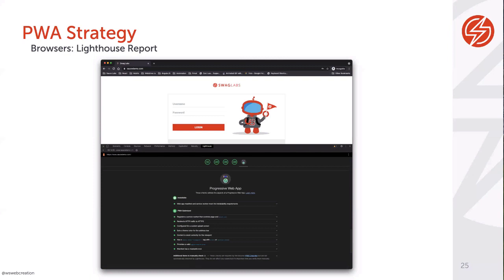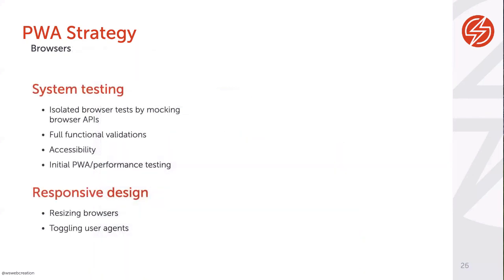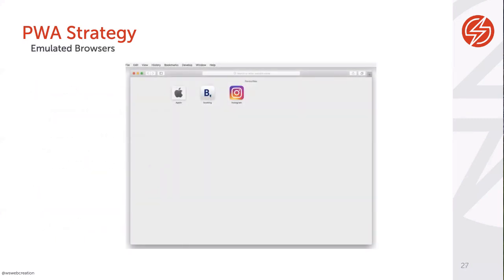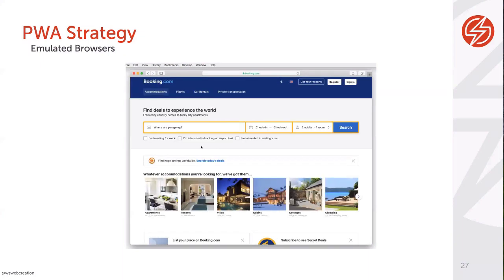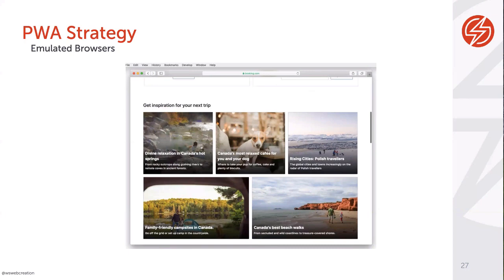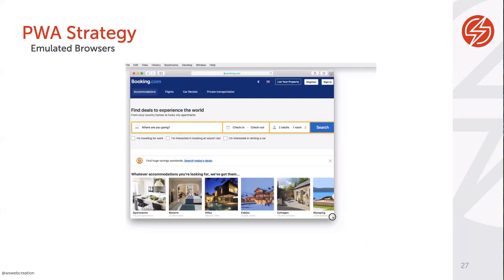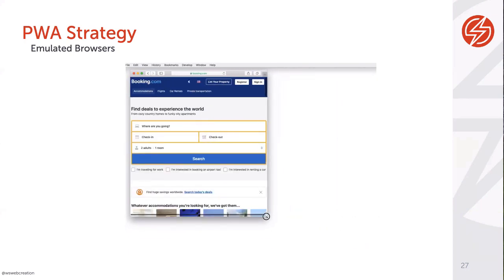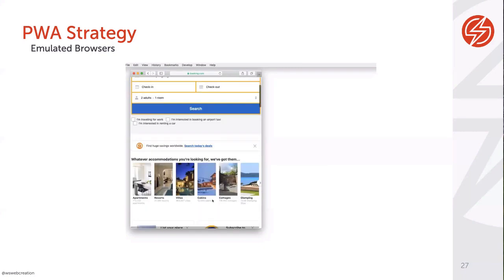So now we're already talking about tools. What can we do more? Well, first of all, we can look at responsive design. Resizing your browser, looking at, for example, also toggling user agents. And what I mean with toggling user agents is, let's take a look at this example. This is an example from booking.com from a year ago or something. When you resize your browser, you would see that your elements will get to different places, especially here with the initial form.